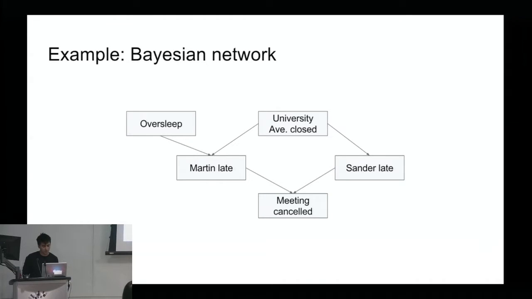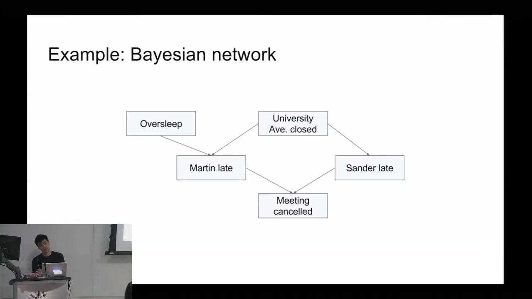This is an example I took from my prof for one of the classes, and it's a Bayesian network. Each node holds a joint probability distribution of its parents. Say I take a reading course when I go back to Waterloo, and my professor Sonder and I have to have meetings every week.